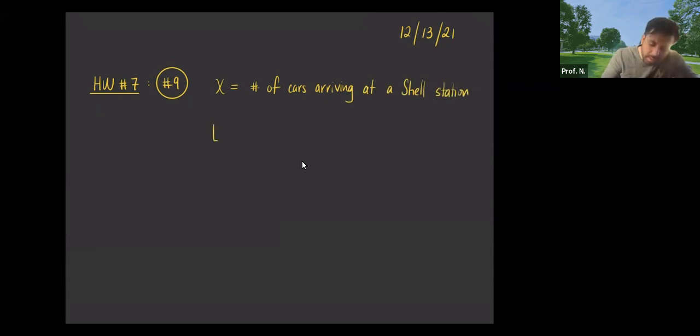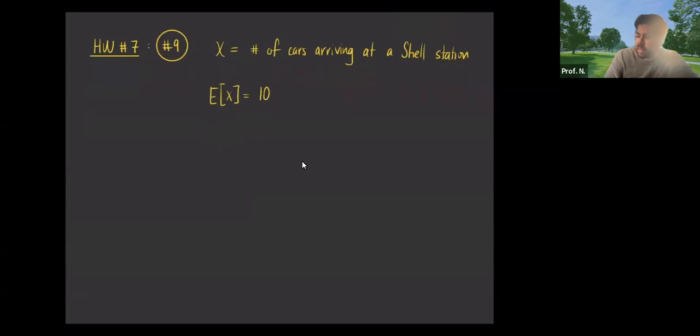And the mean, so the expected value of this distribution is 10. And so part A asks, determine the probability that over the next hour, only one car will arrive. So they're asking for what's the probability that X equals 1.